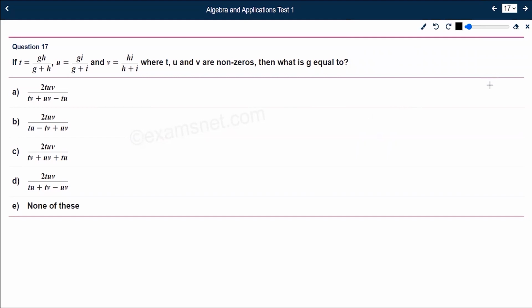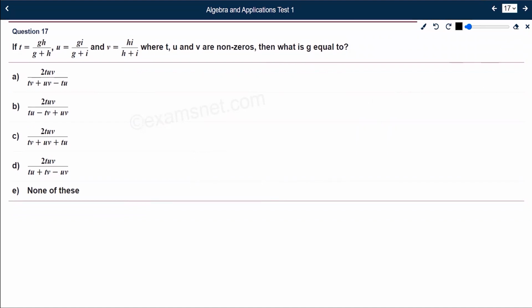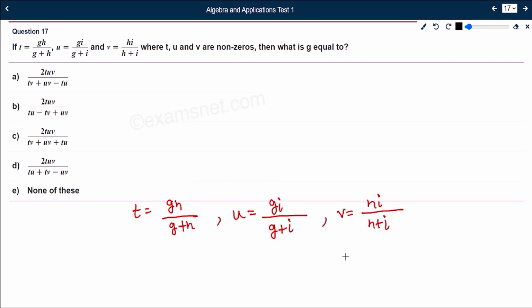Now, how can we proceed with this sum? Let me first write: t equals gh plus g plus h, u equals gi plus g plus i, v equals hi plus h plus i. Okay.